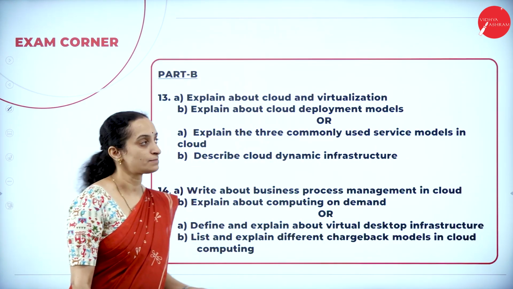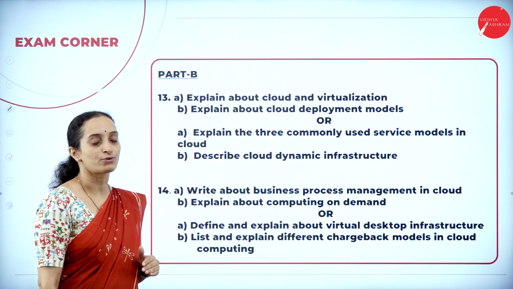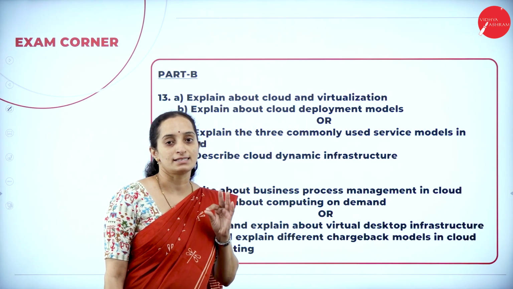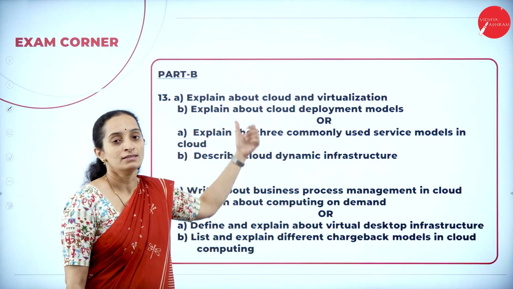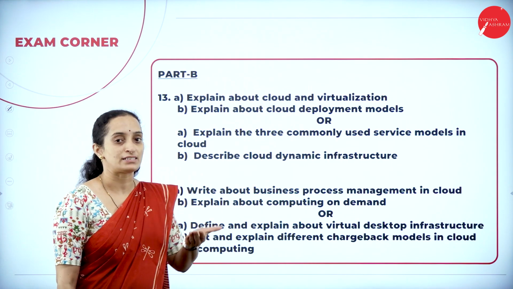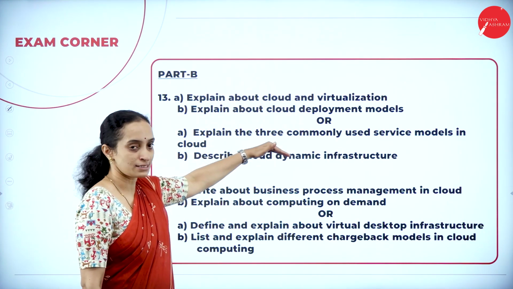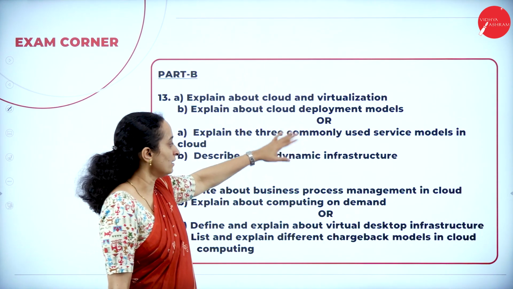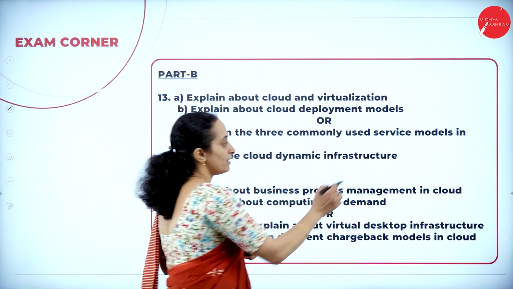Okay. Next comes the part B questions. Part B will have 4 questions: 15, 16, 17, 18. We'll have the set of questions from the first unit. Here we have 2 sets of questions from unit 1, where you will have 2 or 3 questions carrying 15 marks.